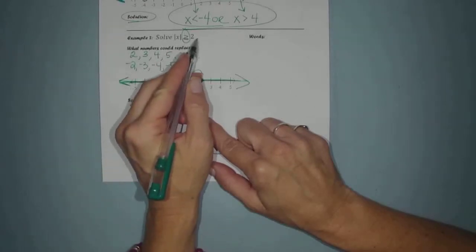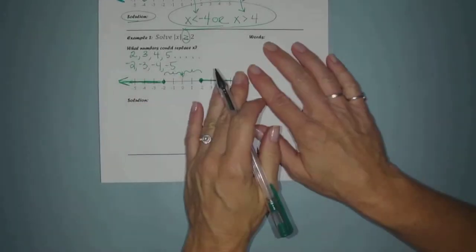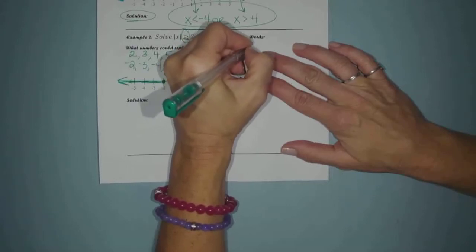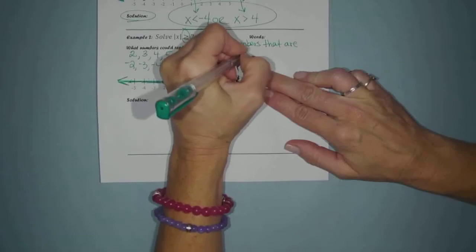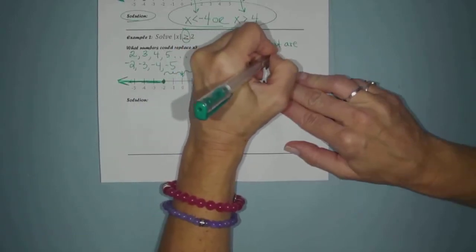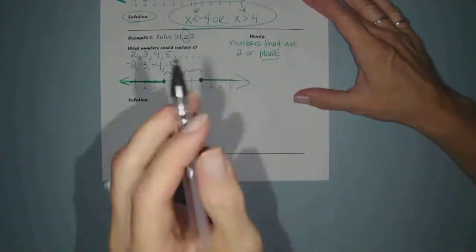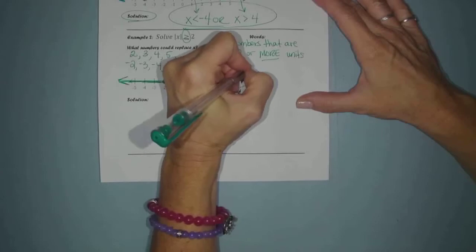They got to be more than 2 away in either direction from 0. So in words, we're looking for numbers that are 2 or more. So 2's included. That's why I filled these dots in. Numbers that are 2 or more units away from 0.